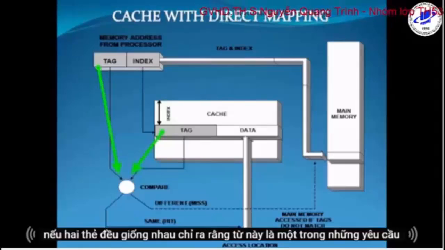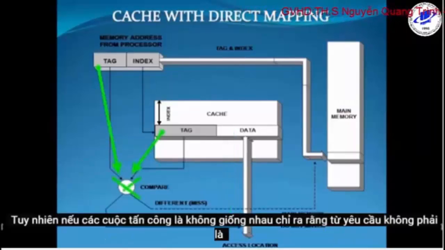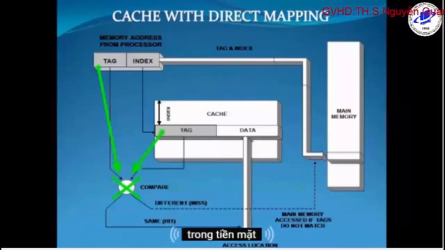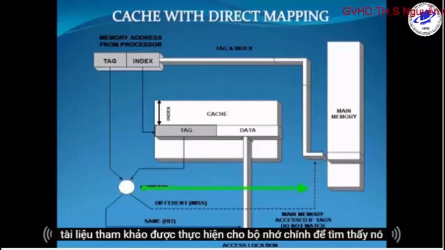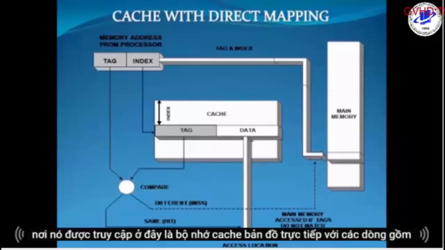If the two tags are the same, indicating that the word is the one required, access is made to the cache word. However, if the tags are not the same, indicating that the required word is not in the cache, reference is made to the main memory to find it. For a memory read operation, the word is then transferred into the cache, where it is accessed.